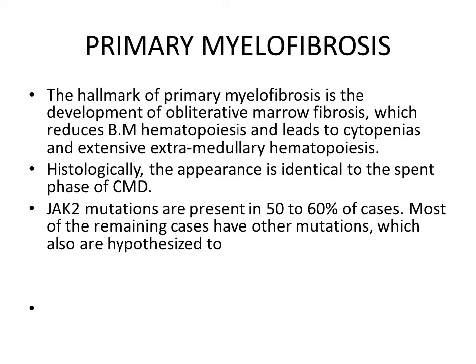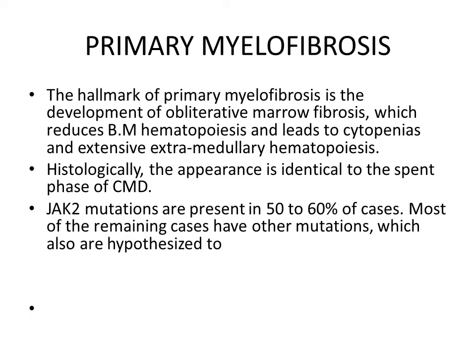JAK2 mutations are present in 50 to 60% of the cases. In pathogenesis, we can discuss this. JAK2 mutations we also see in most cases of polycythemia vera, maybe 95% of the cases, but here 50 to 60% of the cases JAK2 mutations are present.